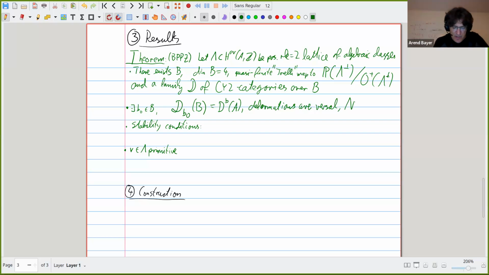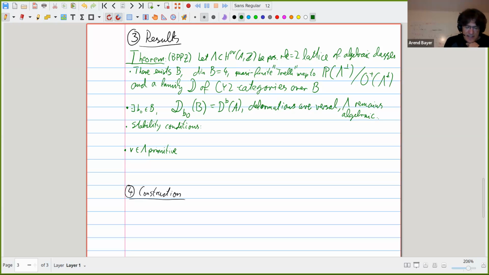So lambda remains algebraic. And what I mean by a family of Calabi-Yau 2 categories is that if you take the fiber over any other point, then you also get a Calabi-Yau 2 category.